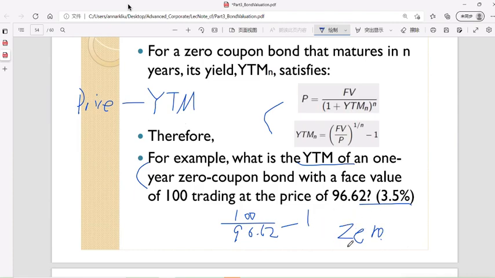If this is a zero bond and you know the maturity, then there's a mapping between the yield to maturity and the price. So if I know this is 96.62, I know that it's 100 divided by 1 plus R1. Do you agree with that?